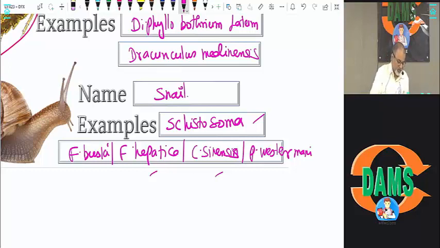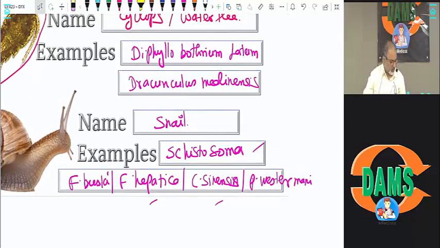Yes, Diphyllobothrium is otherwise called fish tapeworm.